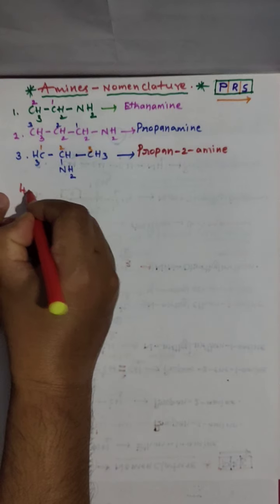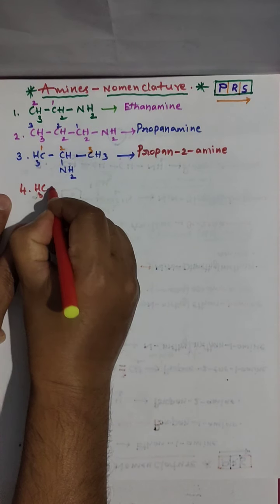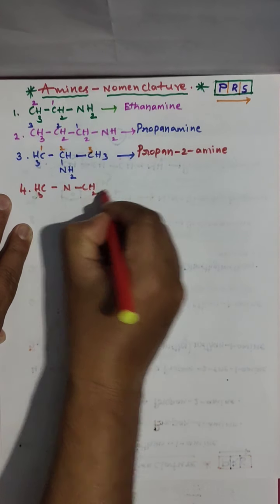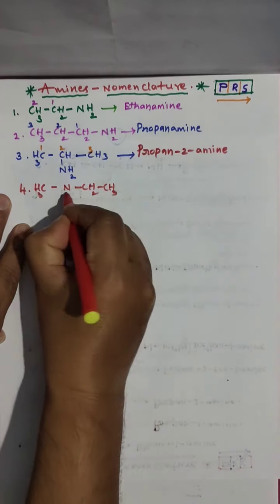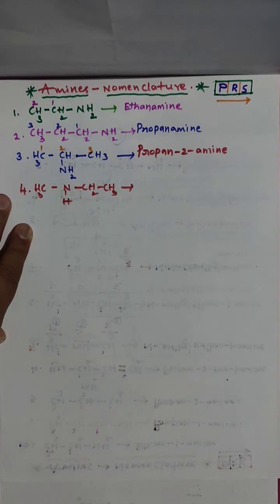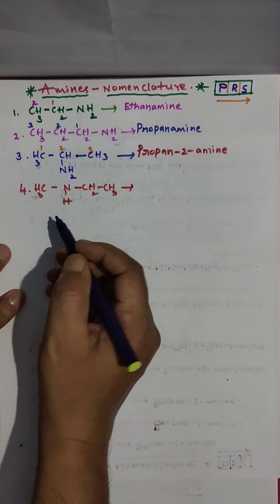And go for another. We'll discuss CH3-N-CH2-CH3 with another CH3, and this is the given chain. Now we have to write the name. Now look here.